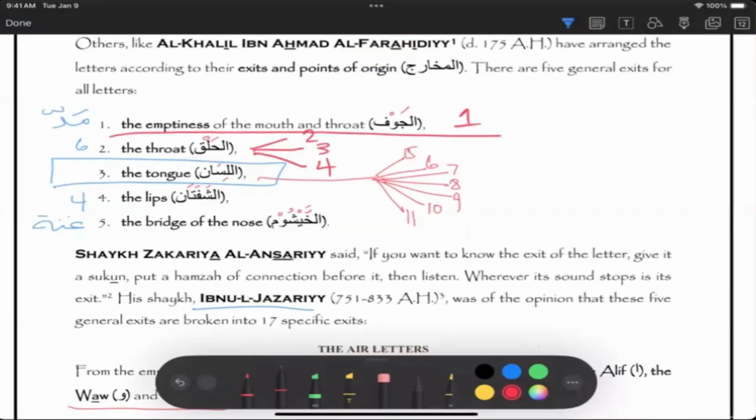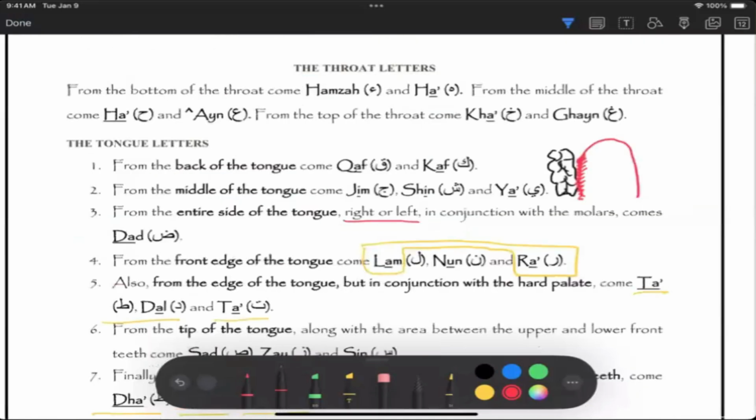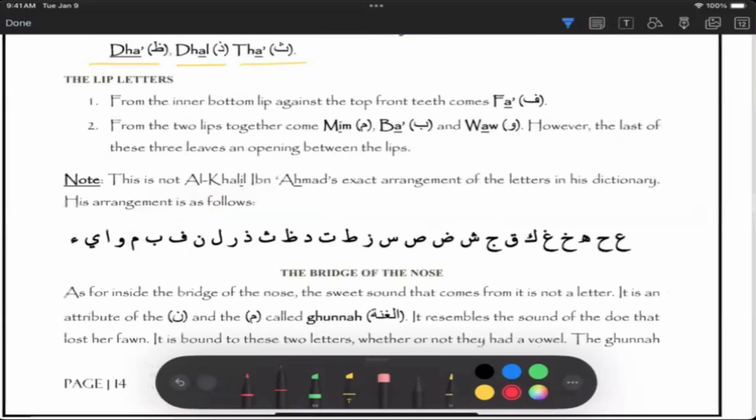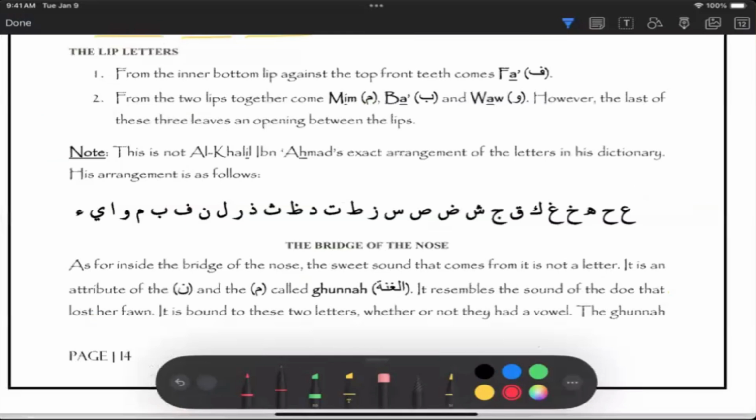The lip letters. From the inner bottom lip against the top front teeth comes fa. From the 2 lips together come meem, ba, and waw.